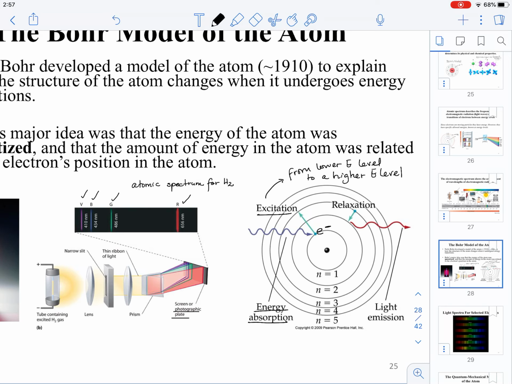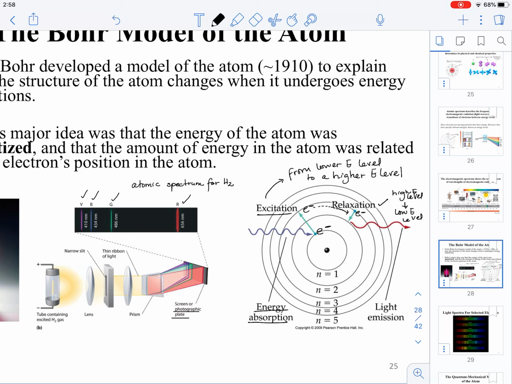Then, after the electron got excited and it was in this new energy level, understand that he proposed that this electron, okay, I'm just going to do a dotted line because you have to imagine that this electron is moving, undergoes the process of relaxation. And in relaxation, we're going from a high energy level to a low energy level.